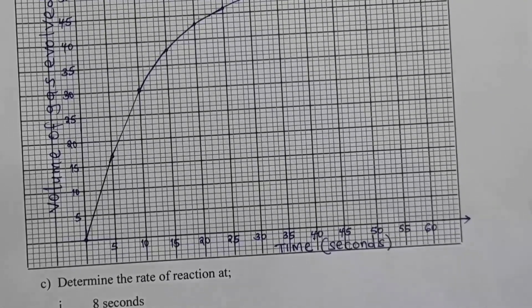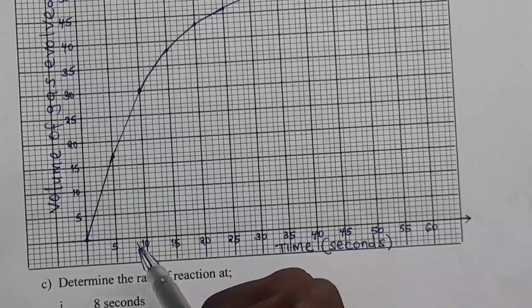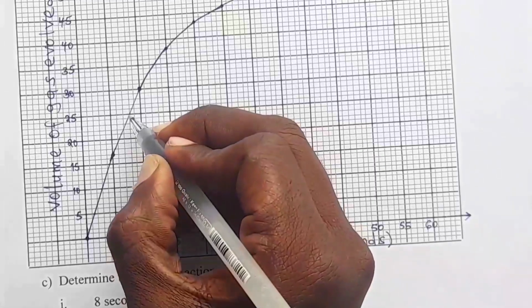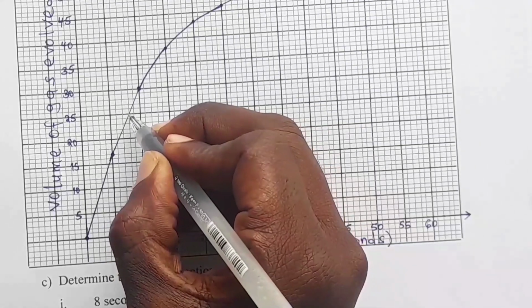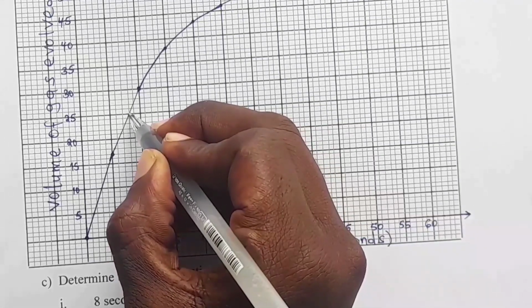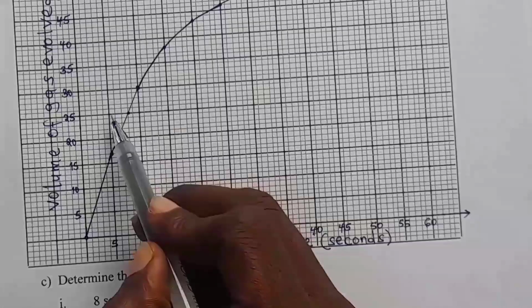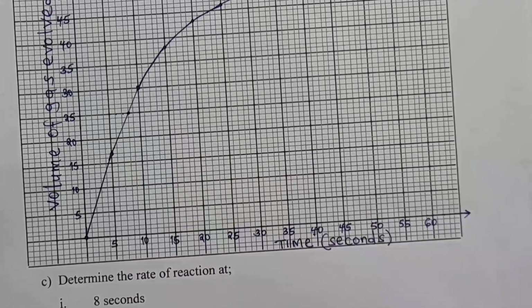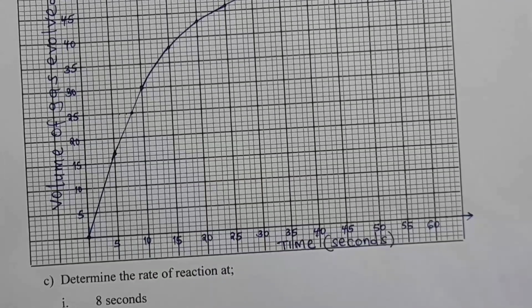Where is 8 seconds? Remember, this is 5, so 6, 7, 8. 8 is here on the curve. Then you draw a tangent.